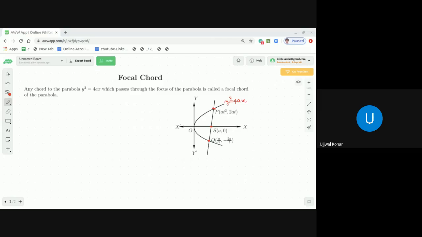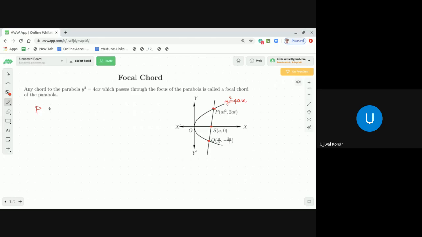And please note that if we know the parametric coordinate of any of the extremities of the parabola y square equal to 4ax, the other extremities can be found by replacing the parameter t by 1 by t. So what does it mean? This is very interesting. Suppose P and Q are the two extremities of the parabola.